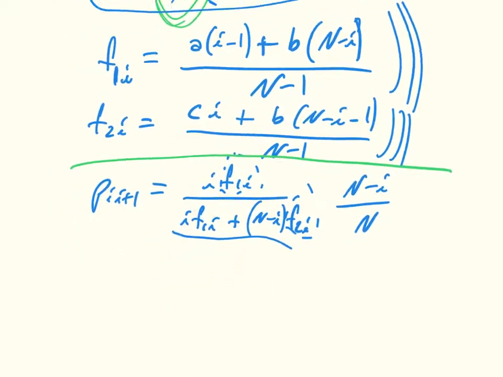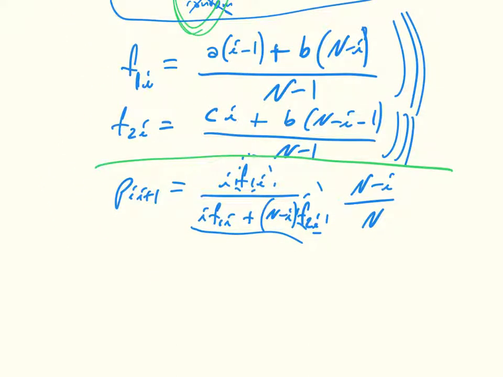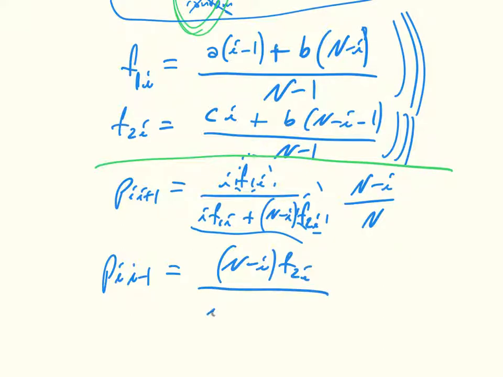And then likewise, pi_{i-1} is going to be (n minus i) times f2(i), divided by the same thing, i f1(i) plus (n minus i) f2(i). And now, however, we multiply that by i over n, which is the uniform chance of selecting someone of the first type. But if you recall, we're not actually interested in this.